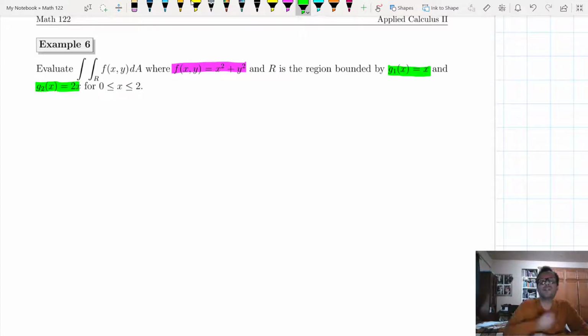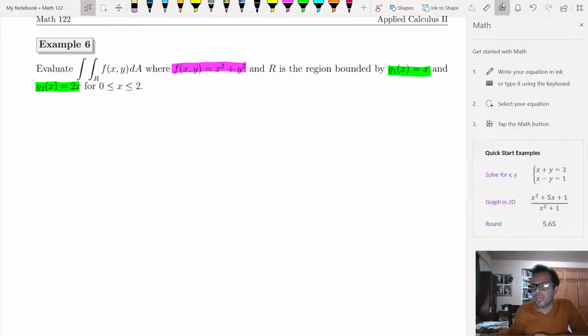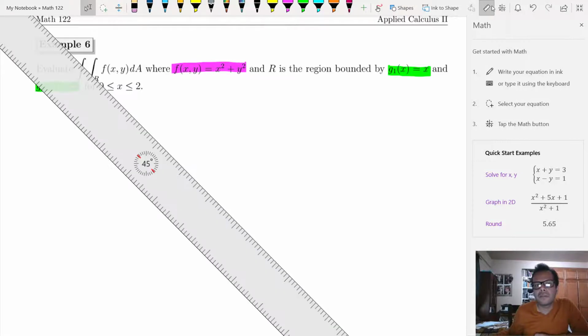Okay, let's see. Let me try a utility here so I can write a grid maybe. No, not a grid. Okay, I'm going to try this.